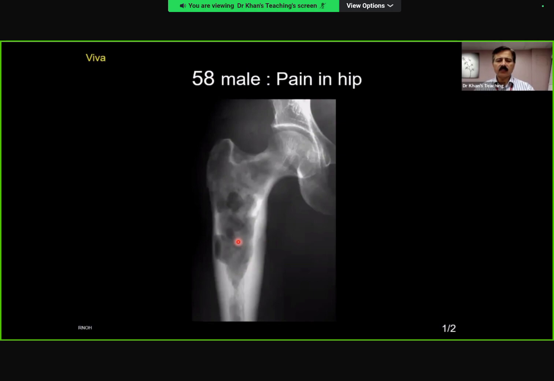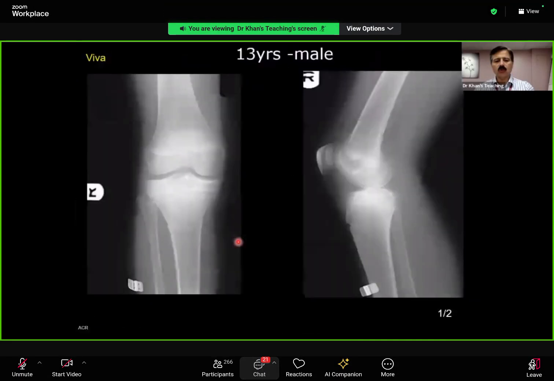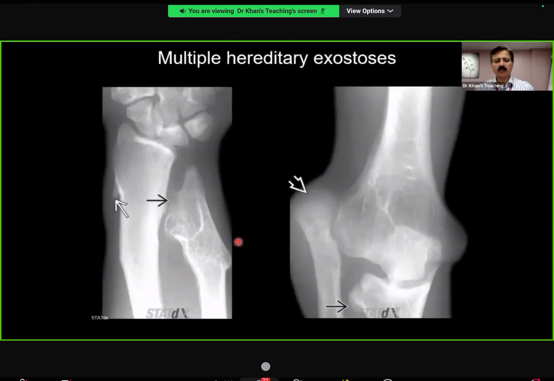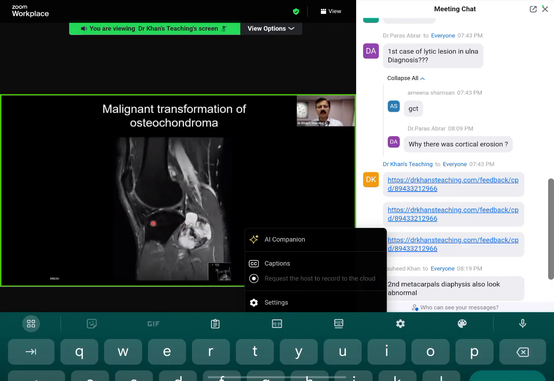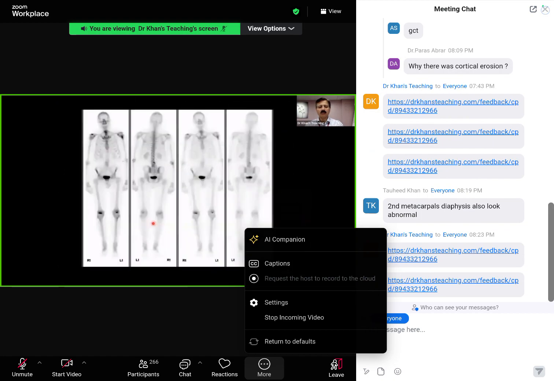Another criteria which is used is a lesion which is more than 5 centimeters. So these are the criteria, and these you should know for your exam. Having said that, we come back to the case where we were.